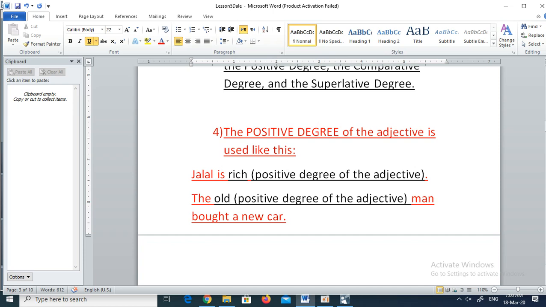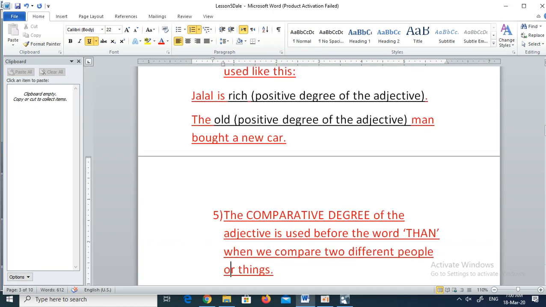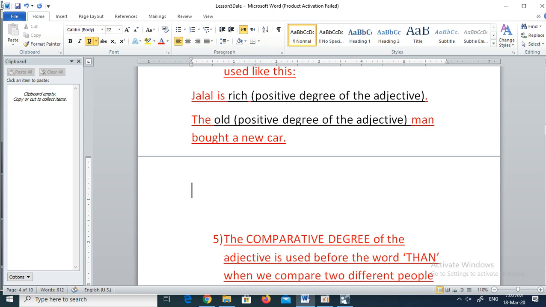It is the positive degree of the adjective. Now, the positive degree is the first degree of the adjective. It is the simplest, basic form of the adjective. So let us make a note of that.